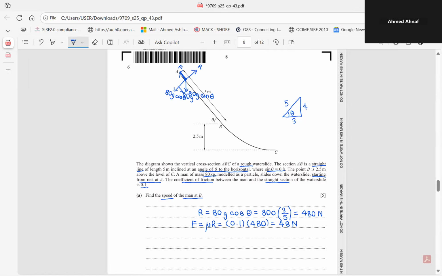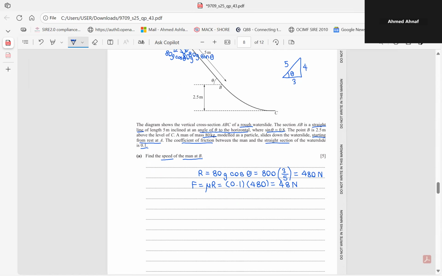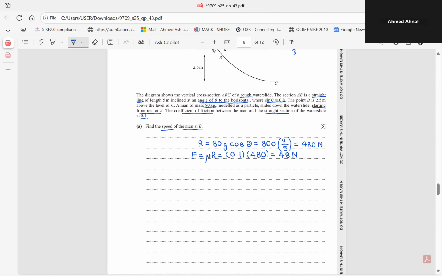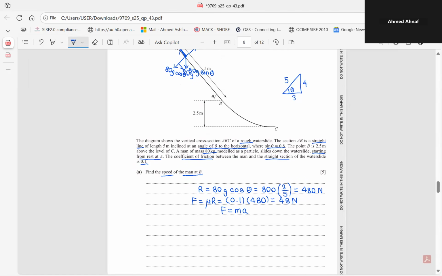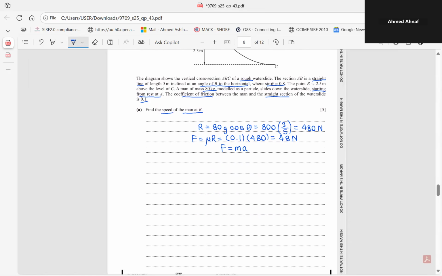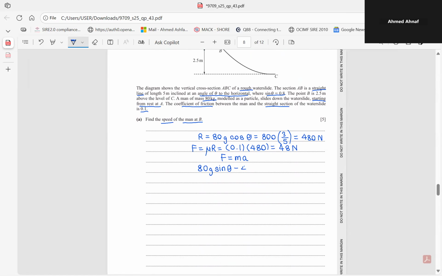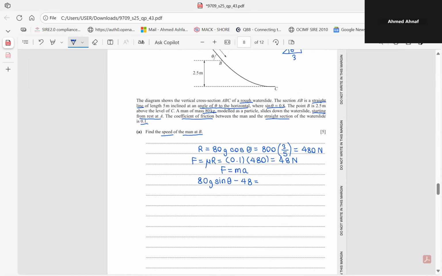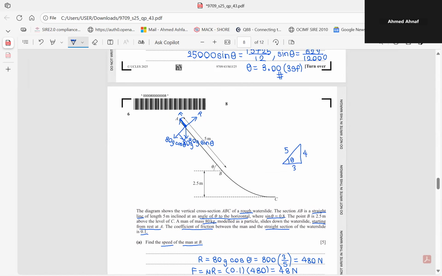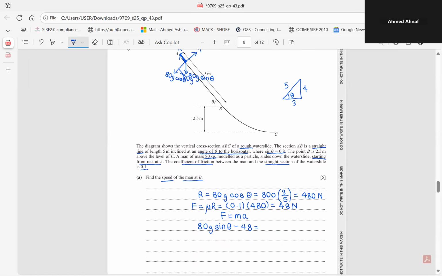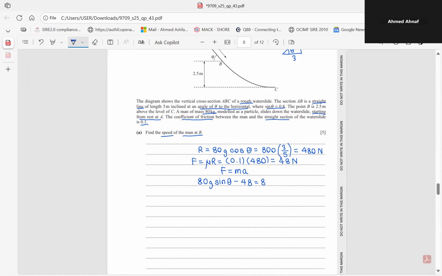Okay, so now we can find the acceleration by using Newton's second law, F equals ma. F is the resultant force, which is 80g sine theta minus F, where F is 48, equals ma. So m is 80 and a is just a.